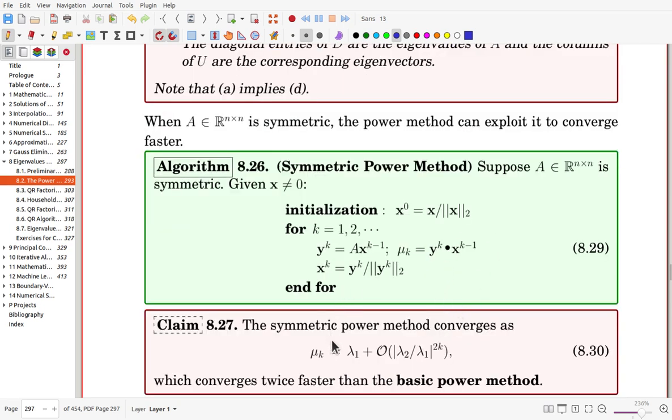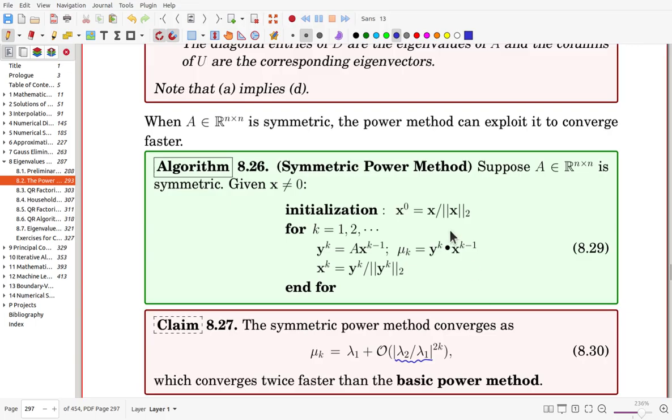Theoretically, we can prove that mu k is converging to lambda 1 rather than the absolute value of lambda 1. The error reduction each time was lambda 2 over lambda 1, but now it's squared. That means that the symmetric method converges twice as fast as the basic power method.